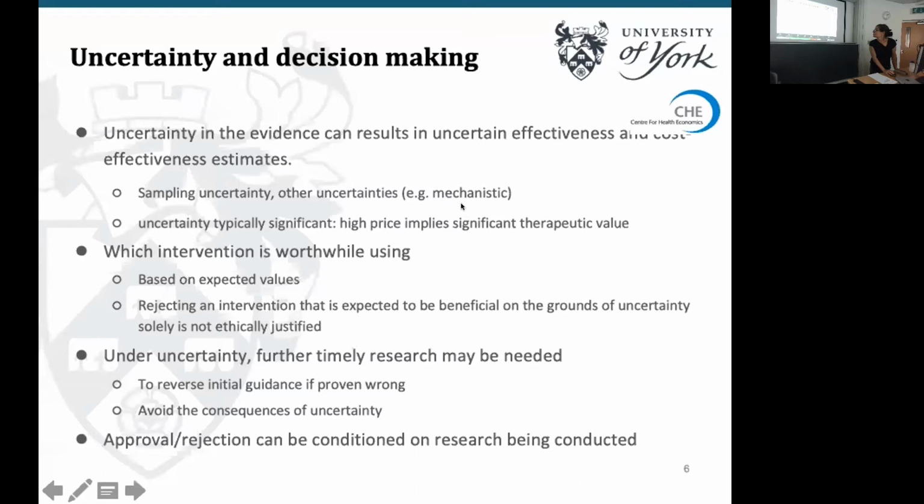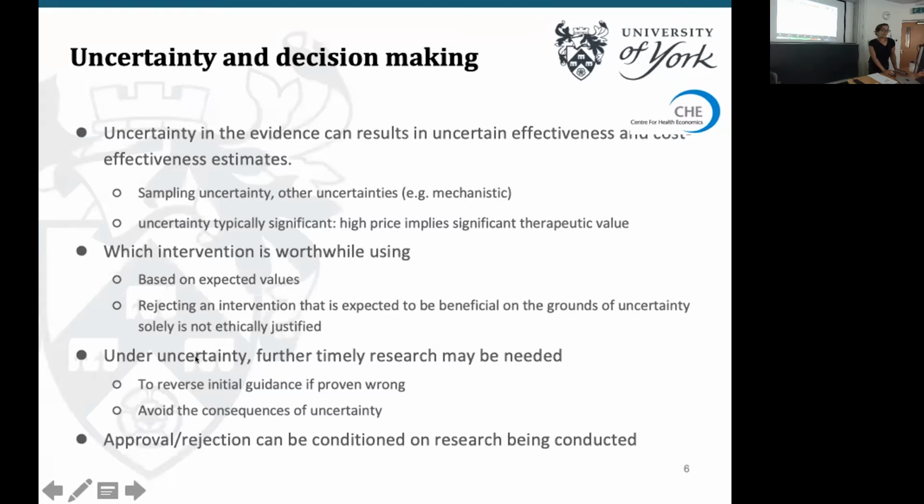So we've talked about the sources of uncertainty already, but to support these decisions, typically about which intervention is worthwhile using in whom, when, and what, we typically ground these decisions on expected values. And that's because rejecting an intervention that is expected to be beneficial just on the grounds of uncertainty is not justified ethically. So the decision is typically based on expected values.